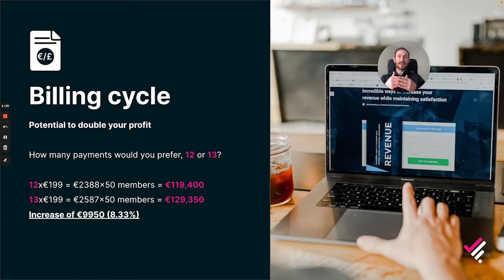Okay, and if we change no other parameters, we don't put on any more classes, so we don't change our overheads, and we're not renting extra space in order to do this. We don't need to do anything else. We're keeping the same parameters that we already have existing, but we are simply increasing the revenue that's coming in. So that's one of those methods we talked about. Who would say no to an increase such as that?